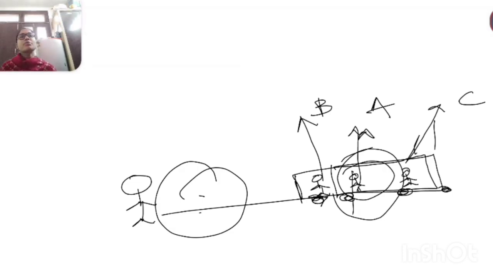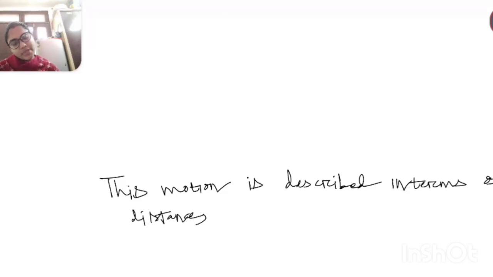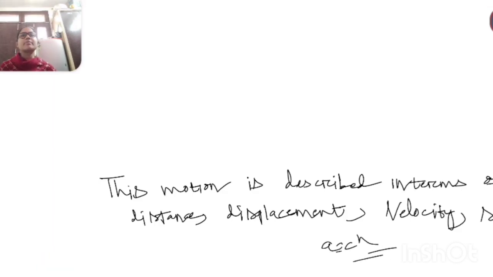Always remember, motion is described in terms of distance, displacement, velocity, speed, acceleration, and many more. We're going to discuss what is distance, what is displacement, and what is the difference between distance and displacement, all those things.